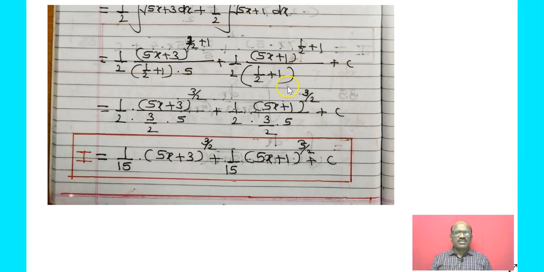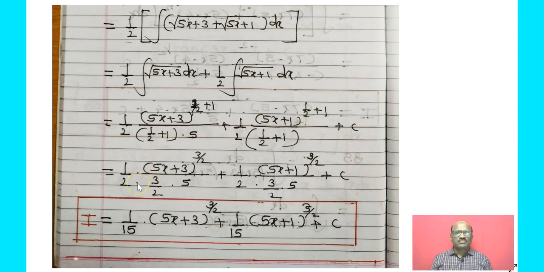That is, you will get 1 upon 2 into (5x plus 3) raised to 3 by 2, upon 3 by 2 into 5, plus 1 upon 2 (5x plus 1) raised to 3 by 2 upon 3 by 2 into 5, plus c. Now after the simplification, you will get I is equal to 1 upon 15 (5x plus 3) raised to 3 by 2 plus 1 upon 15 (5x plus 1) raised to 3 by 2 plus c.